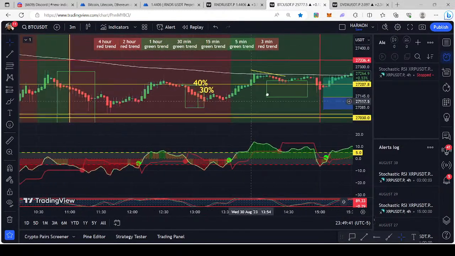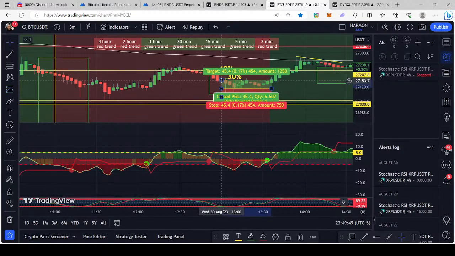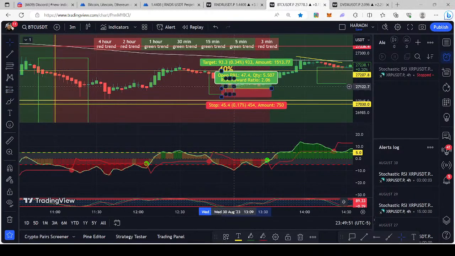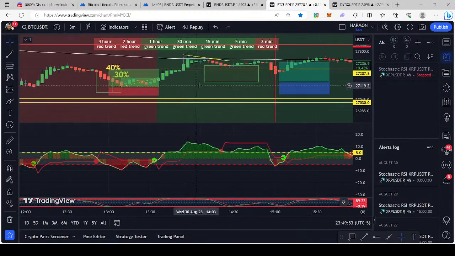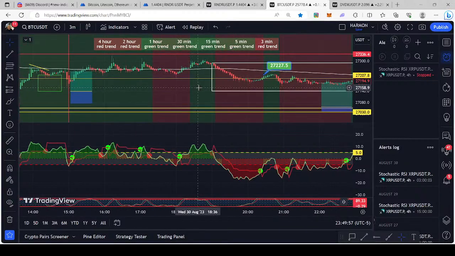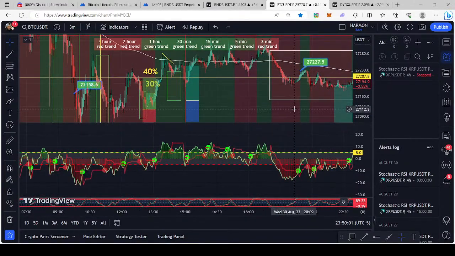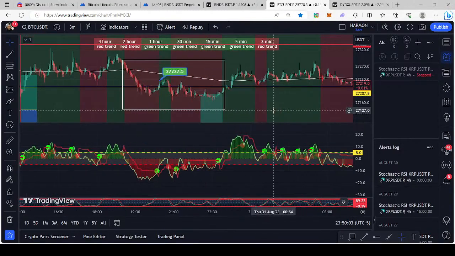Any of these trades, like this trade here, red moon on the 3-minute, red trend's already there. There's the trade that you would be entering on. You always want to wait for that 3-minute red moon, red trend, and that's your entry point. That's how you enter the trade, guys.